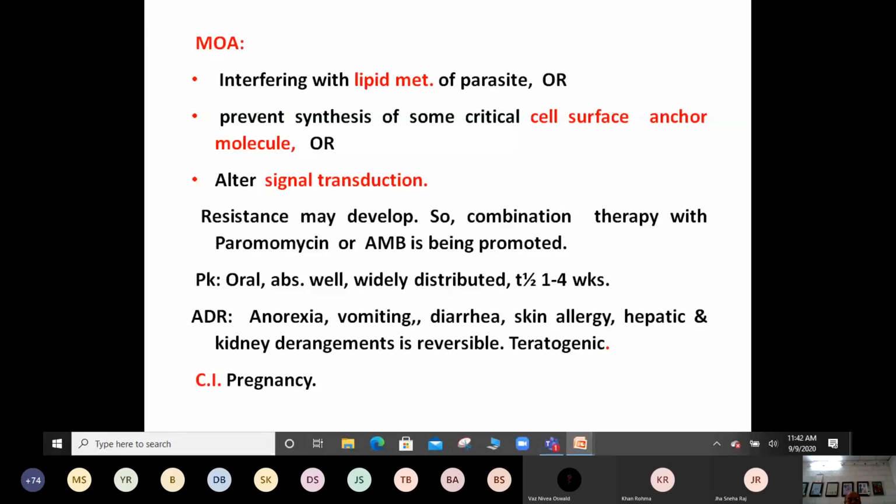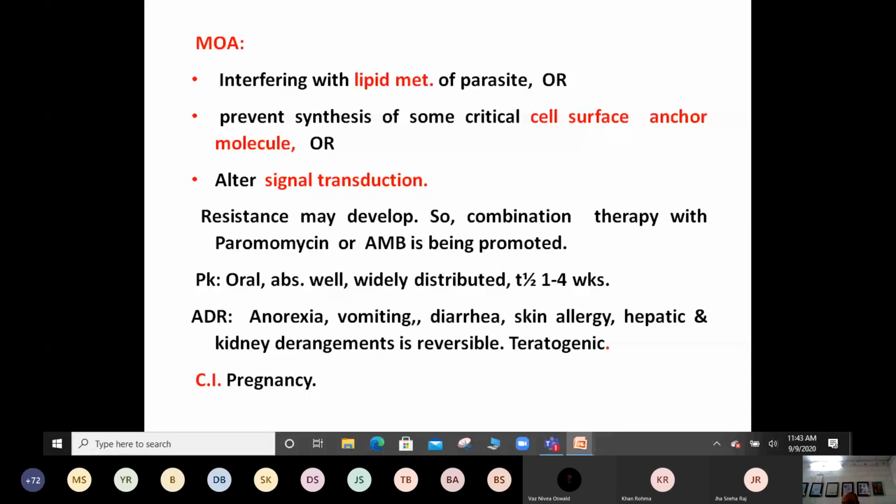Now coming to its pharmacokinetic properties, it is given orally. As I said, this is the first drug against visceral Kala-Azar to be given orally. When given orally, it is well absorbed and widely distributed, with a plasma half-life of 1 to 4 weeks. Adverse drug reactions: anorexia, vomiting, diarrhea, skin allergy, hepatitis, kidney derangement, but it is reversible.